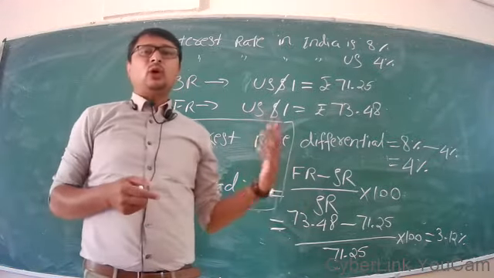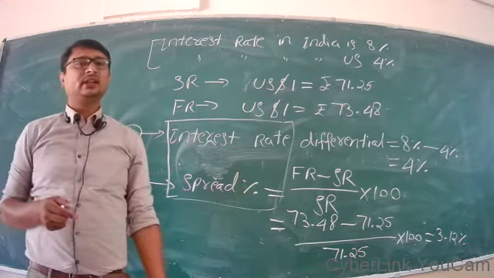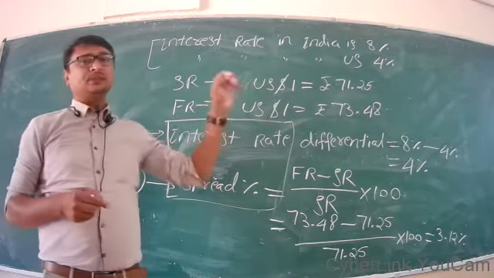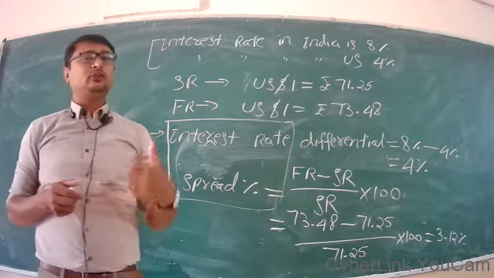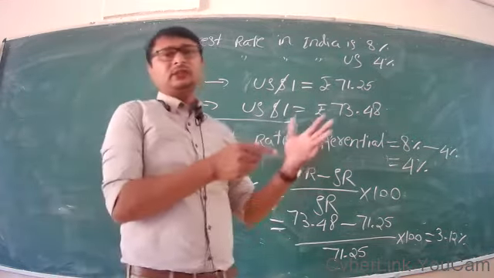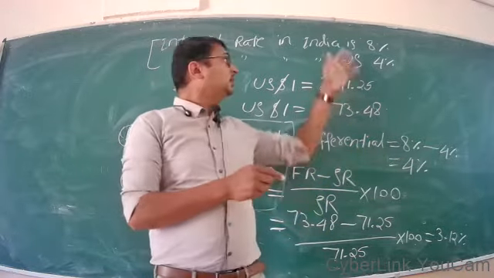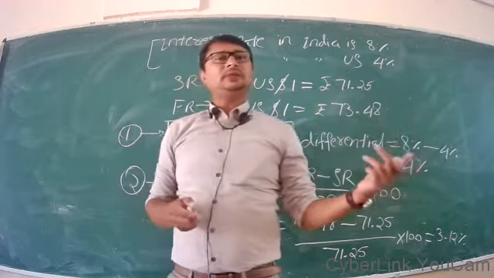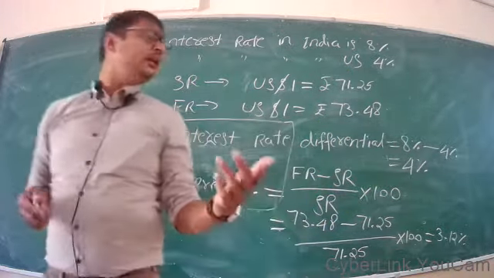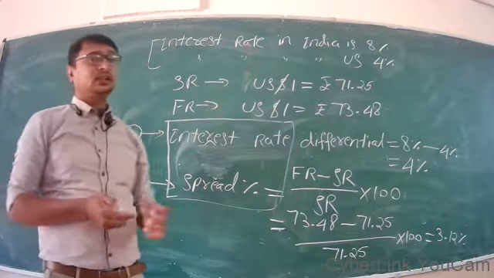Because if you borrow in US, you have to pay 4% interest, and if you borrow from India, you have to pay 8%. If you borrow from US at 4% and deposit the same money in India at 8%, simply by sitting idly, you can earn profit by seeing this data.